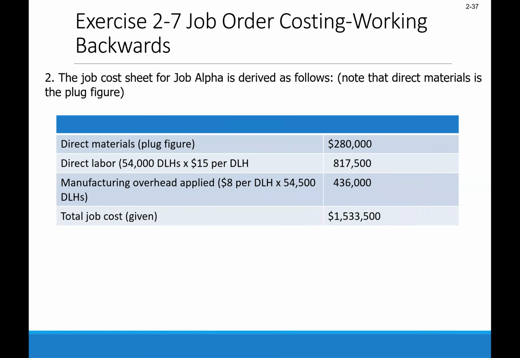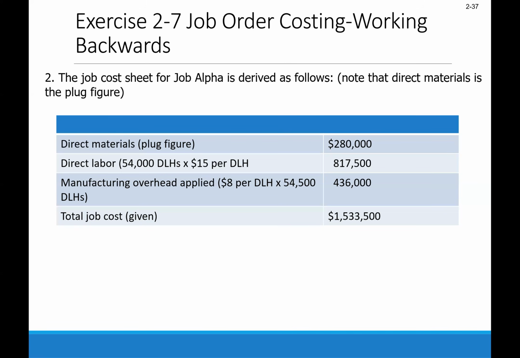So we can figure out Job Alpha by knowing they had 54,000 direct labor hours at 15 bucks an hour. We can figure 54,500 manufacturing overhead applied. Excuse me, I think that should be 54,000 times $8 per hour.